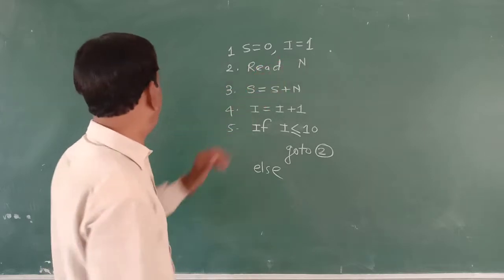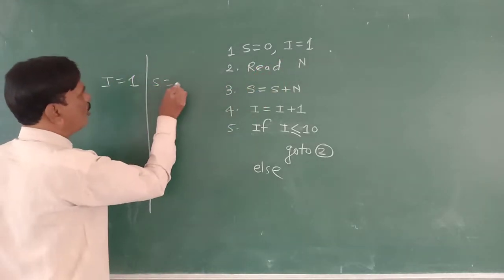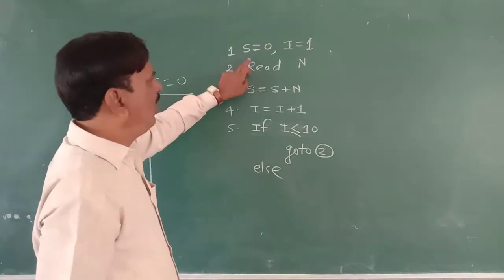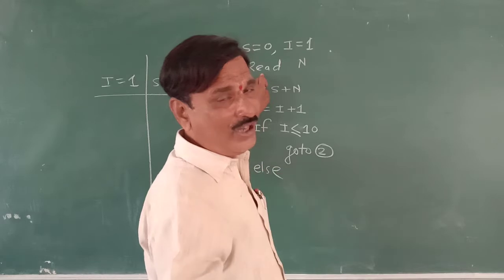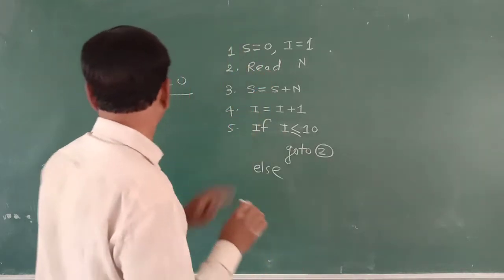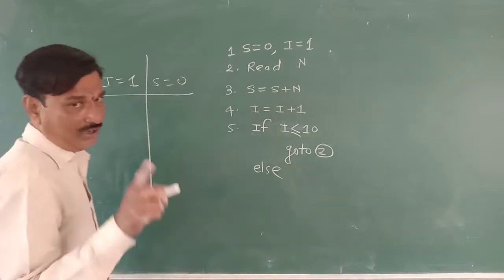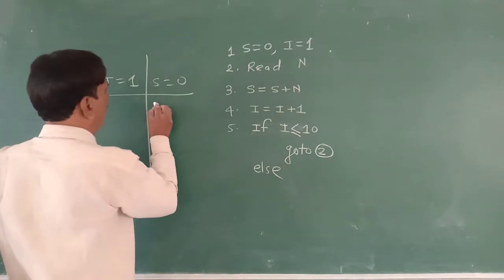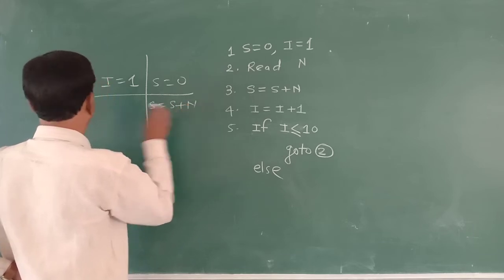You see, the value of I is 1, s is equal to 0. Read n. Computer will demand the number. We will give. Suppose n is equal to 8. So s is equal to s plus n.